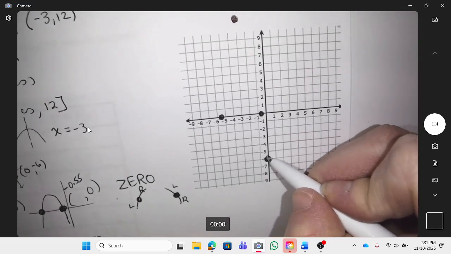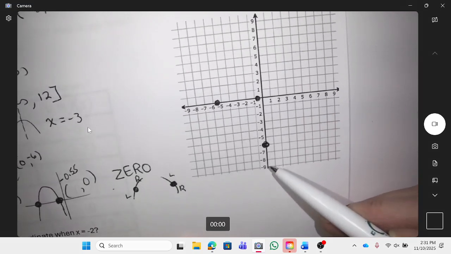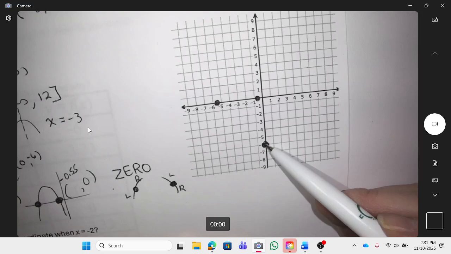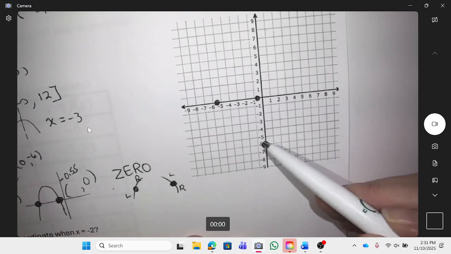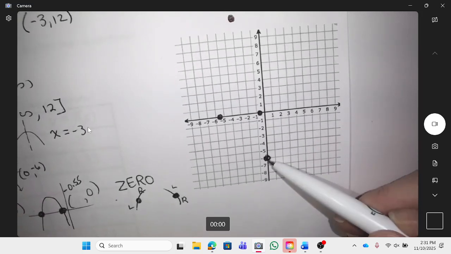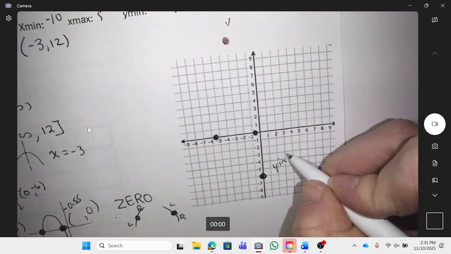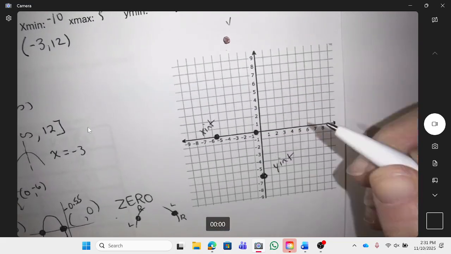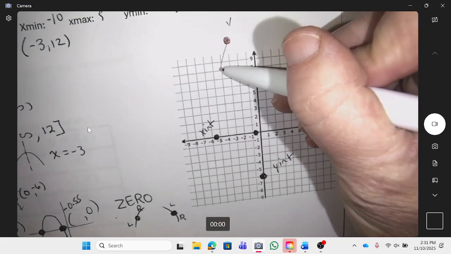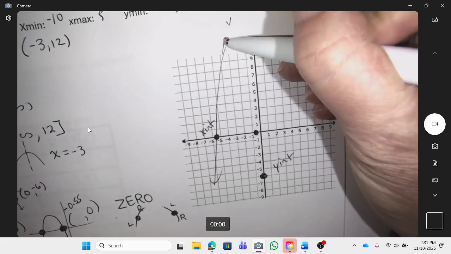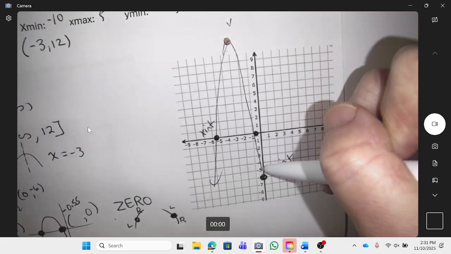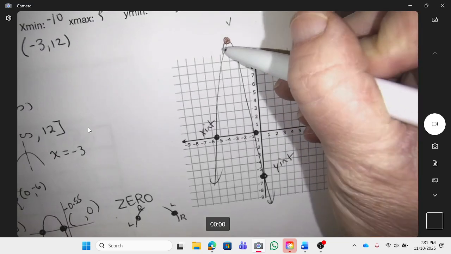And then over here, negative 6. Do you see where they all hit? Those are the x-intercept numbers. This is the y-intercept number, the vertex number. All right, I'm going to connect as best I can.